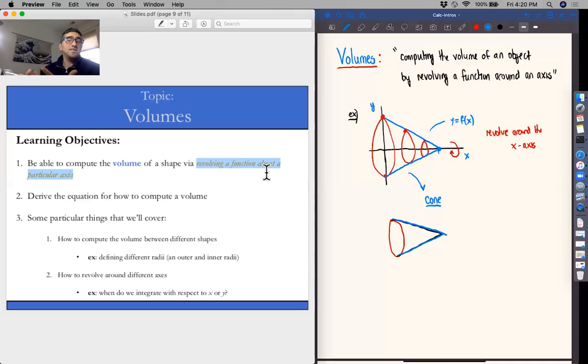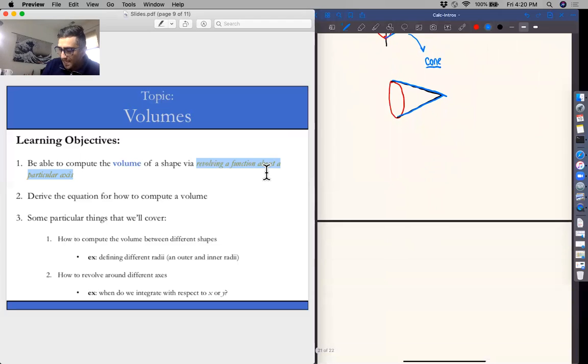Now, this cone might seem a little simplistic because you may remember the volume of a cone. And in fact, we're going to go through that derivation in class. But you might imagine we could have a more complicated function. So for example, what if we had a function that did a few more squiggles, and we revolve that around, say, the x-axis.